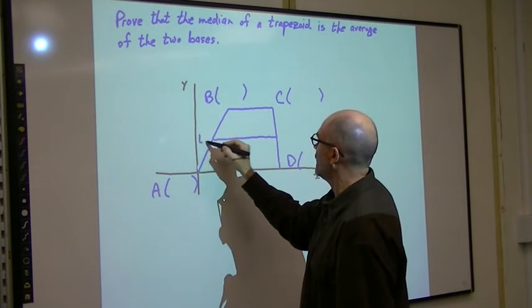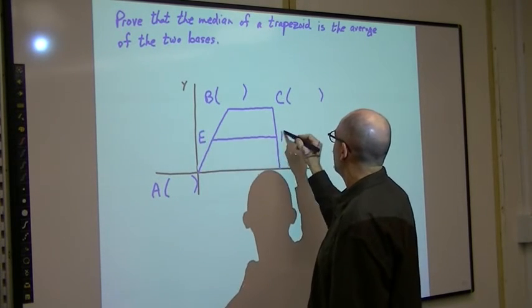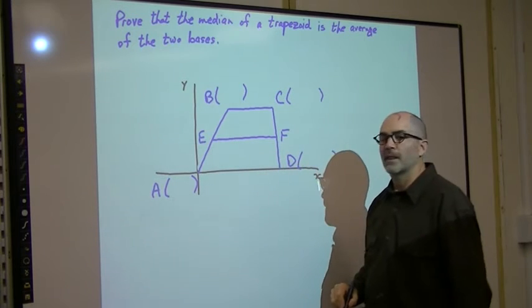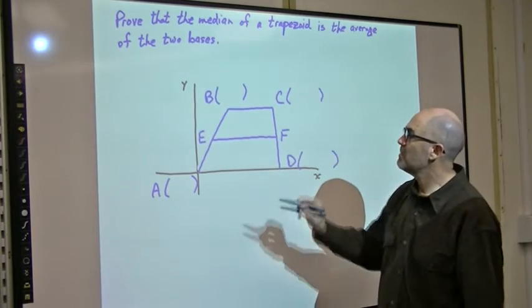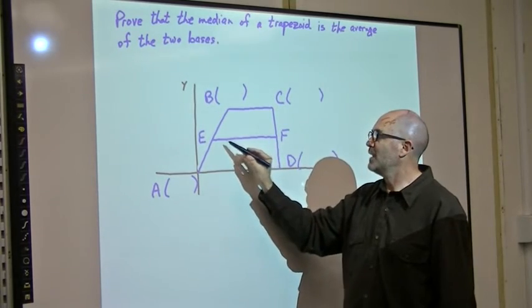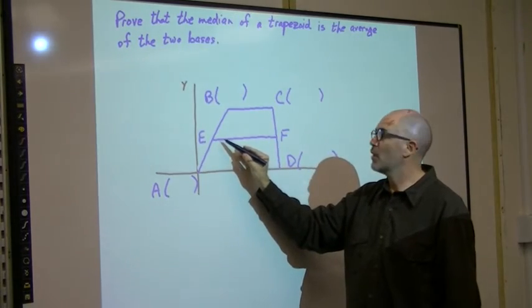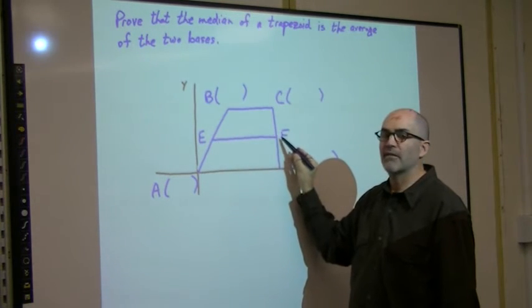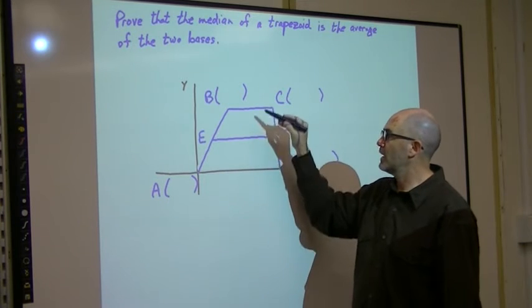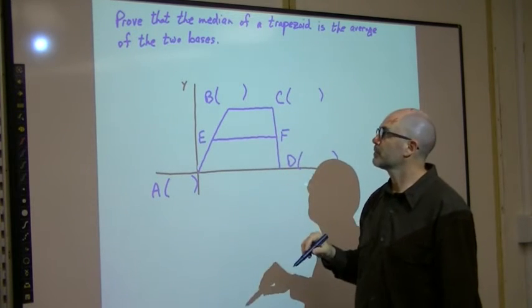And we're going to call this E and F. Oh, you forgot what the median of a trapezoid is? Okay, the median of a trapezoid is the segment that goes from the midpoint of one side to the midpoint of the other, parallel to the two bases.